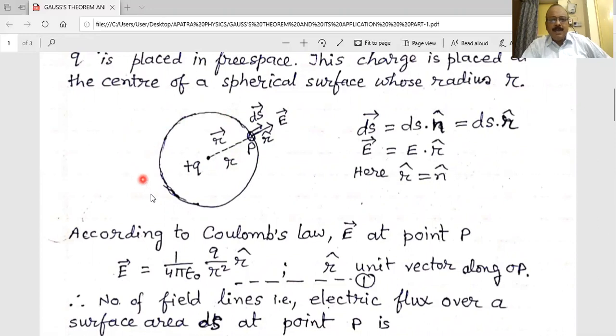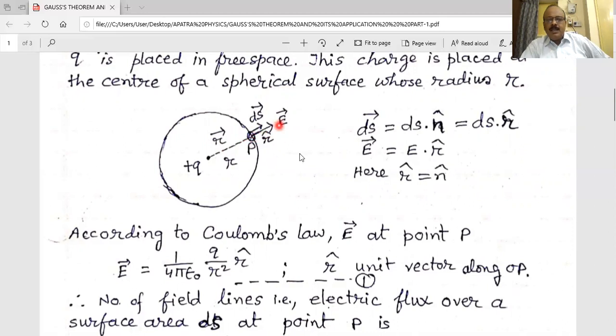We consider a spherical surface passing through the point P, and this P is on the surface of the spherical surface. Q is placed at the center and r is the radius. At this point P, look at the figure carefully.